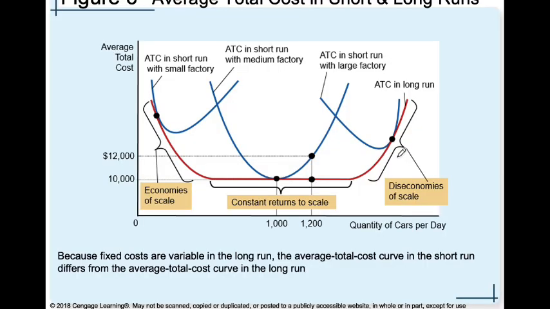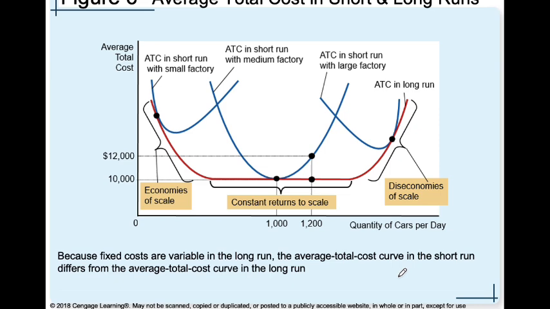So this graph basically exhibits the shape of the long run and the short run average cost curves. We've discussed the short run average, the blue ones over here, and notice that underneath the slide it says because fixed costs are variable in the long run, average total cost curves in the short run differ from the average total cost in the long run.